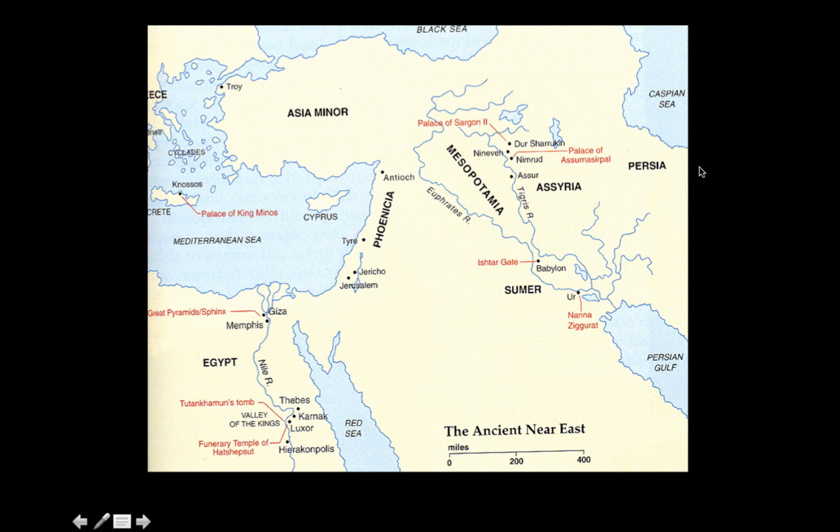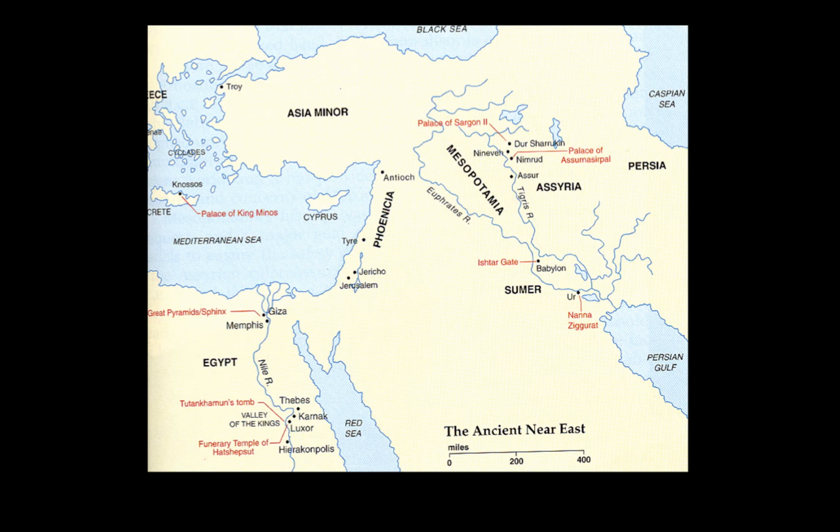As you move further east, you're going through Persia, and you're ultimately going to end up in India, the Asian continent, and places like China. But then as you move further west, you have what are going to become Greece and Italy and Rome and so on. And so people are trading, going this way and that way. And so they are right in the middle, and they have people coming in and out.